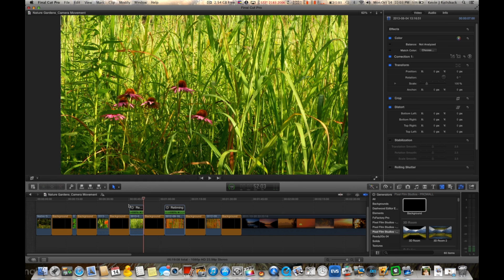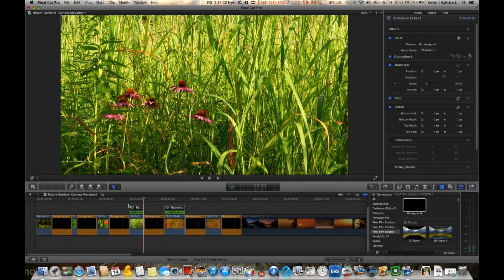Now, the one type of camera movement that you really should kind of shy away from, and it's a pretty good indication of what they would say would be an amateur camera move, and that's zooming. How many times have you watched somebody's home movies and the camera zooming in, zooming out?